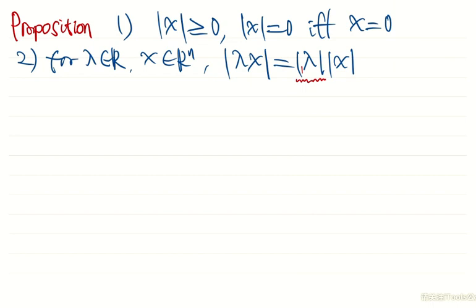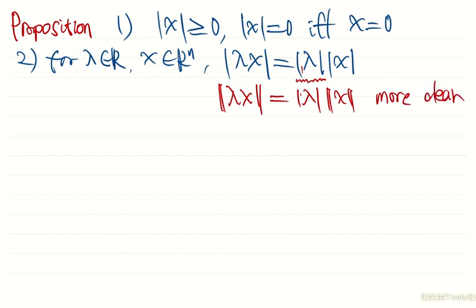If you are not acquainted with this notation, maybe you would like to write this result this way. We use the double bar to denote the norm, so this will not be confusing. This will be more clear, but the notation is more complicated. If you are familiar with our study, you will prefer to use this simpler notation. Okay, so this is the second property of the norm.